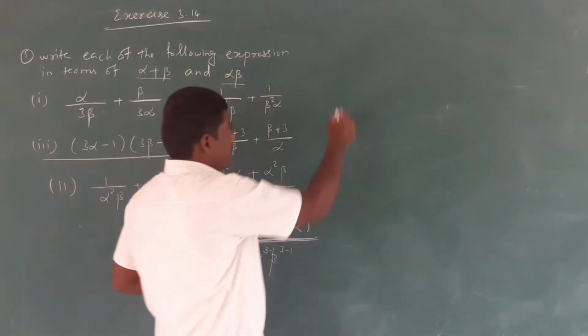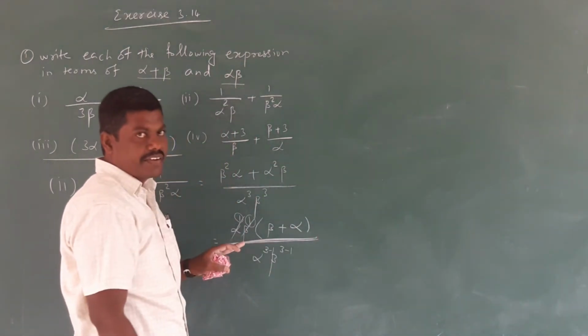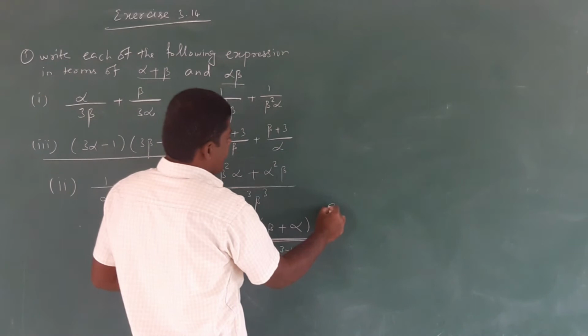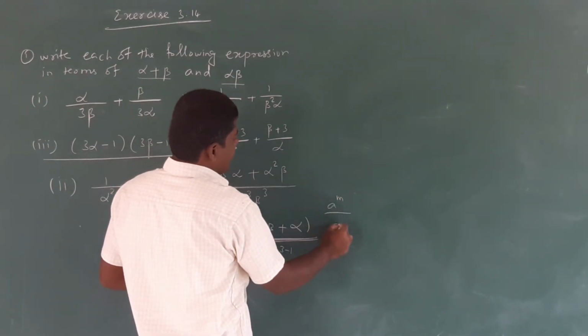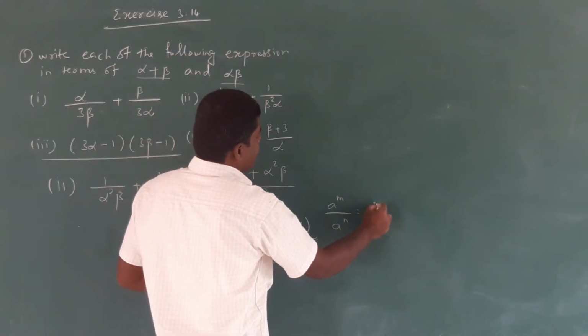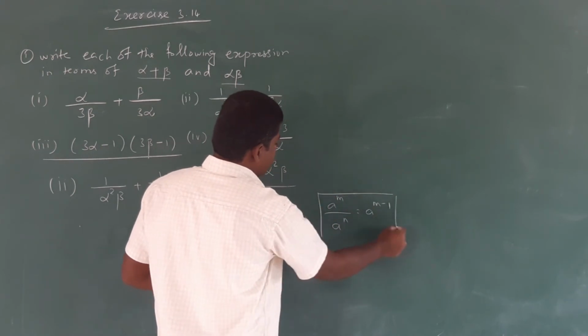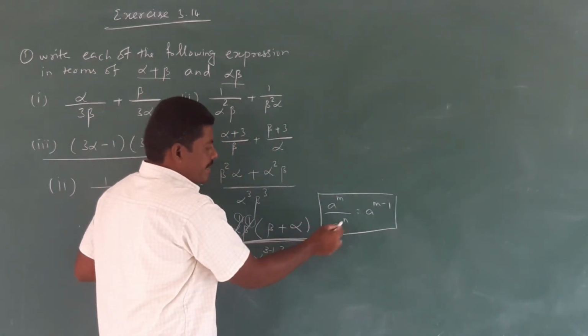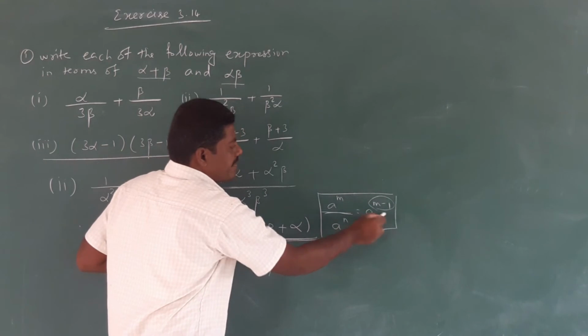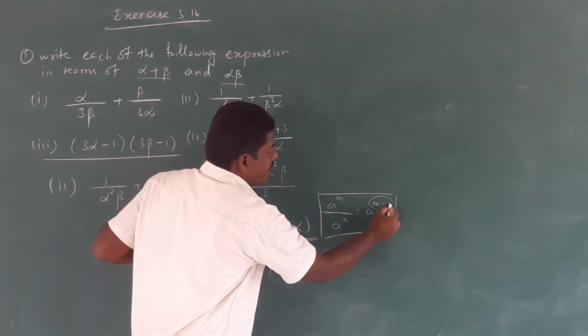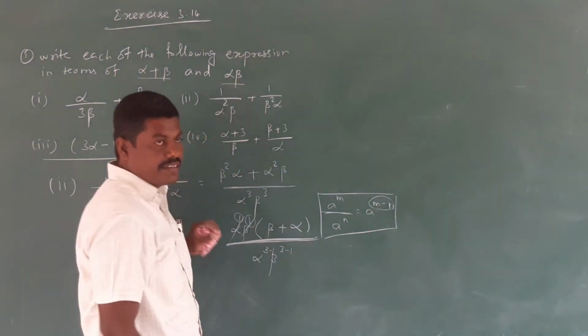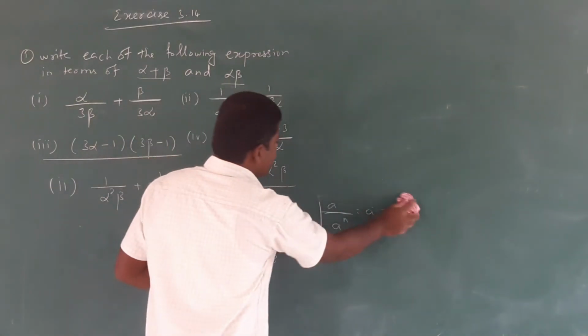So what is remaining? Already we know one formula: a power m divided by a power n is equal to a power m minus n. This formula we want to use here. So base and divide means you subtract the powers. You want a power m minus n. That concept you want to use here.